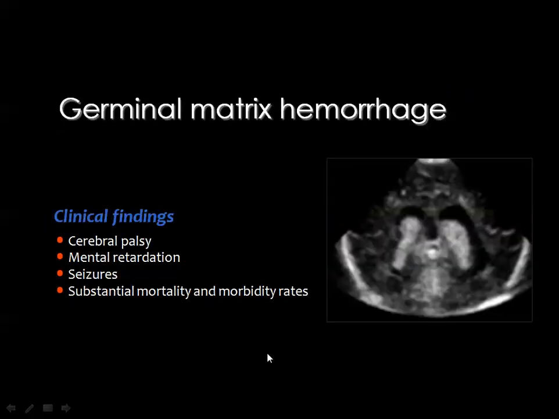Then one of the important tools for screening of premature infants is the transcranial ultrasound, and you can easily appreciate the hemorrhage within the ventricles which are dilated, indicative of grade 3 germinal matrix hemorrhage.